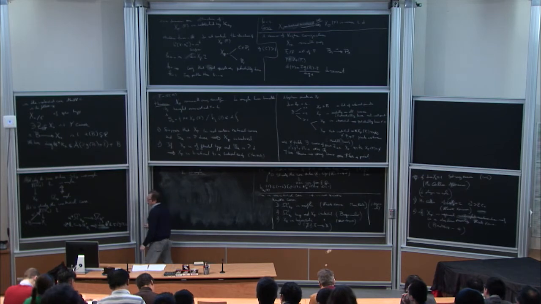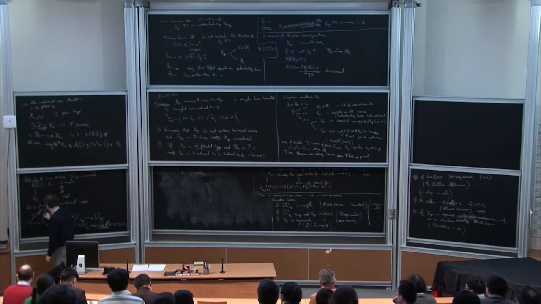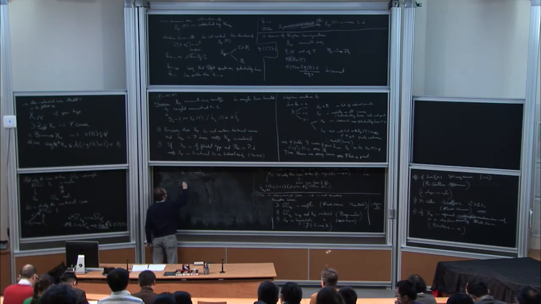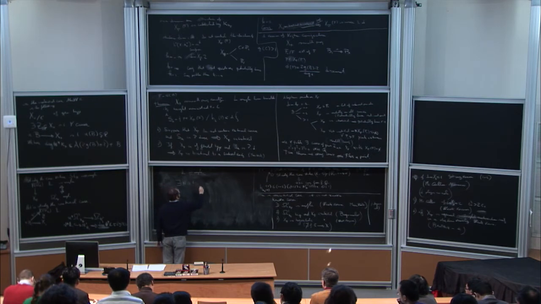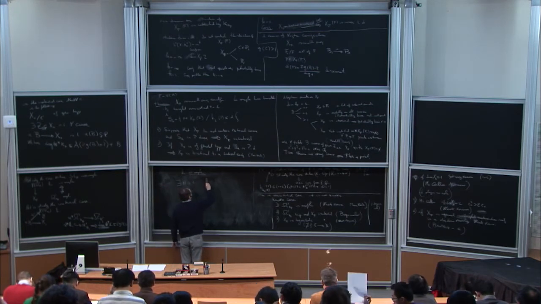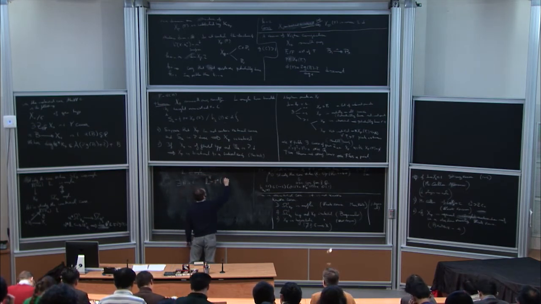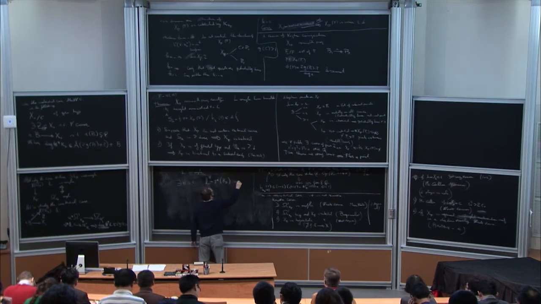So call this map P. So there exists an N such that L to the power N minus P upper star of Kx is ample.